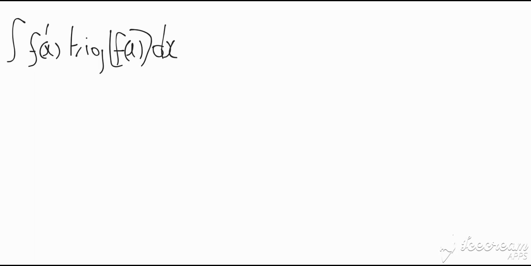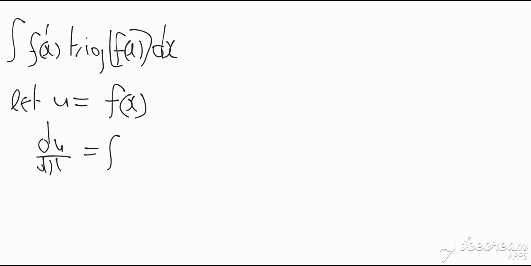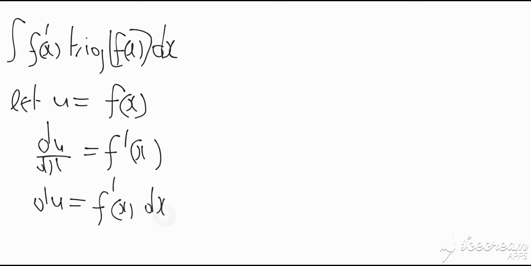So let us say let u equal f of x, which of course is a function that we differentiate. Now du over dx would be equal to f prime of x. Du would be equal to f prime of x dx, which would imply that dx is equal to du over f prime of x.